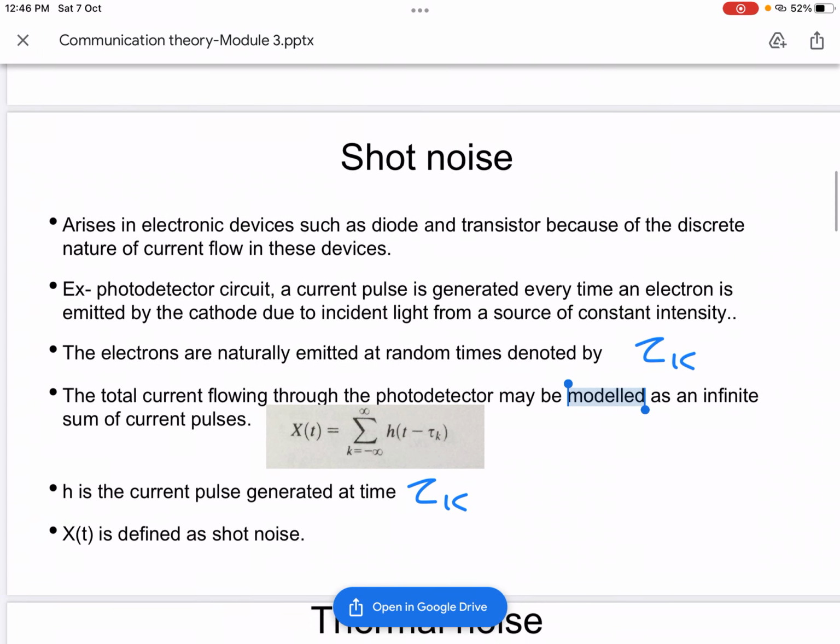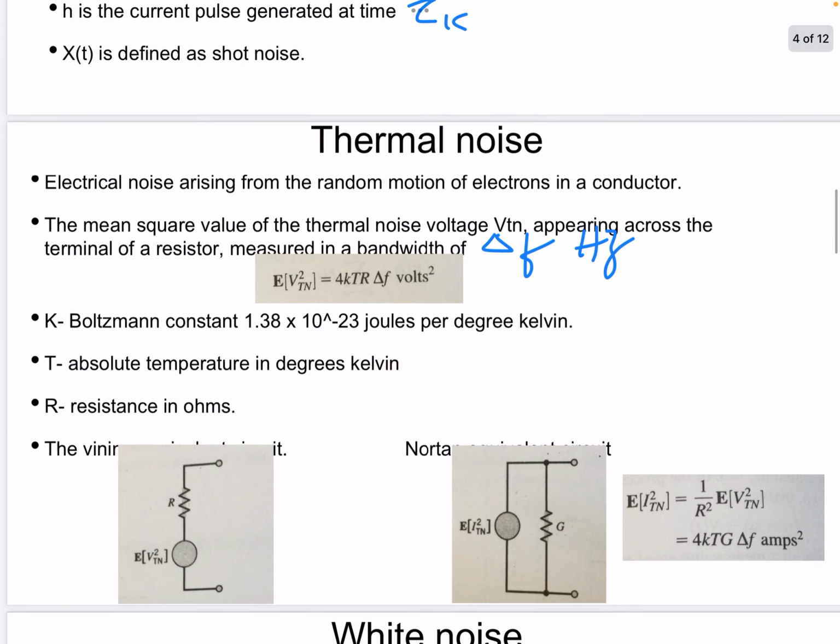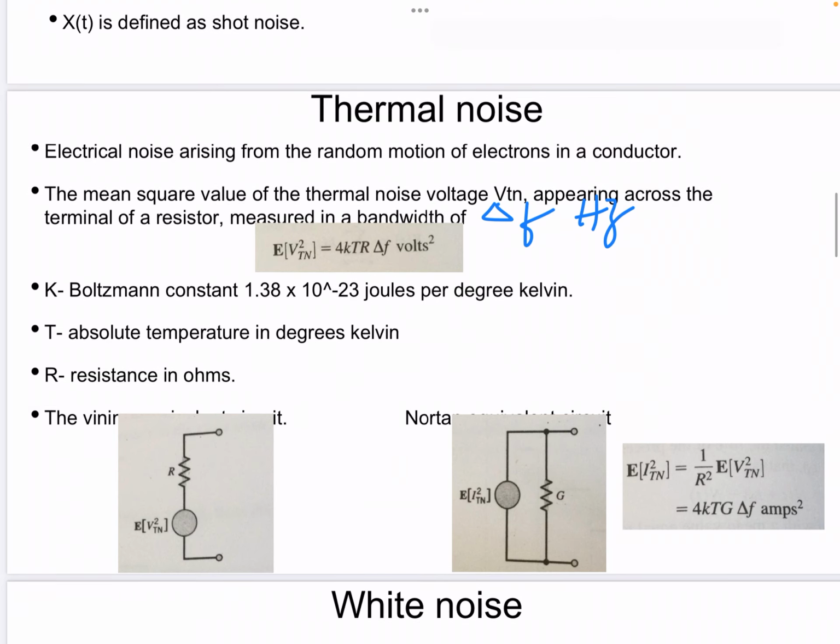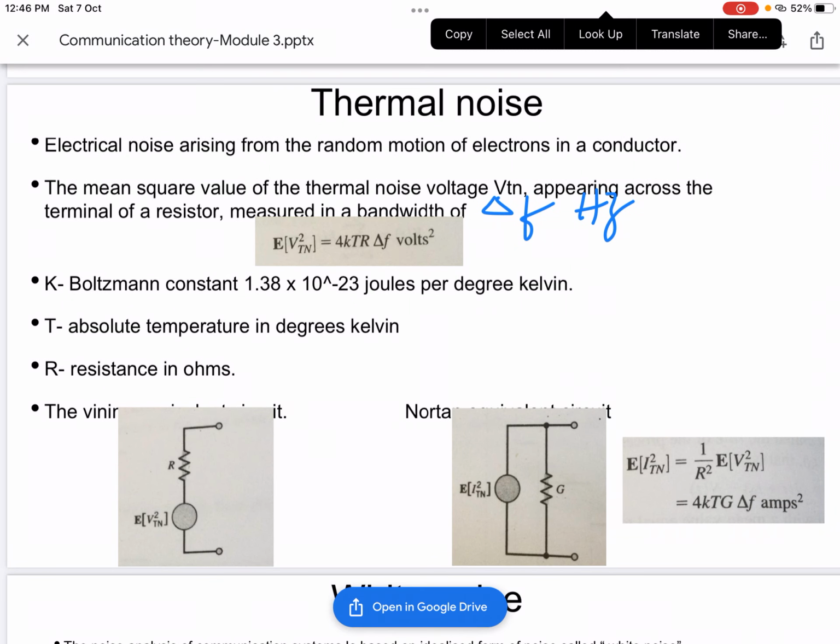Let us move on to the next noise, that is the thermal noise. Thermal noise is the name given to the electrical noise arising from the random motion of electrons in a conductor.